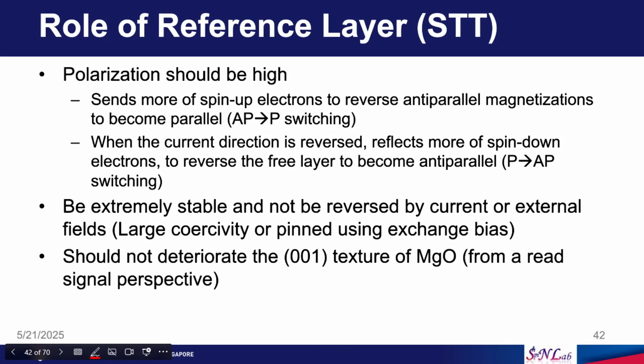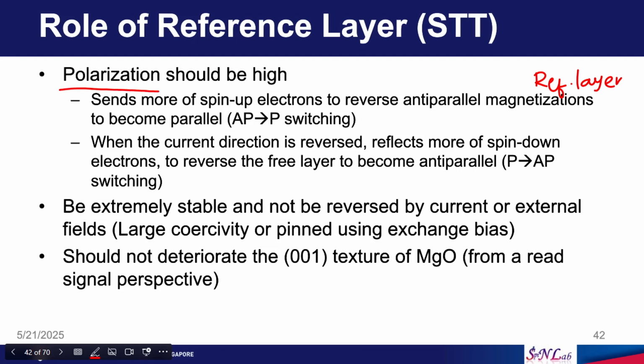Okay, so, we call the reference layer by many names, right. I told you we can use the words fixed layer, hard layer, reference layer and so on. Some people also use the word polarization layer for the same reference layer.